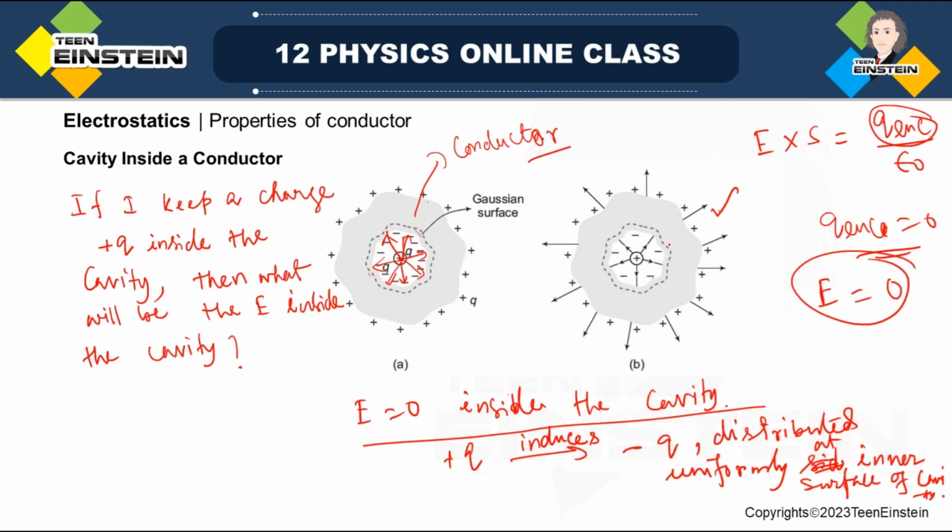Will that make a very large difference? No, because it cannot affect the electric field inside; it is not going to penetrate into the cavity.